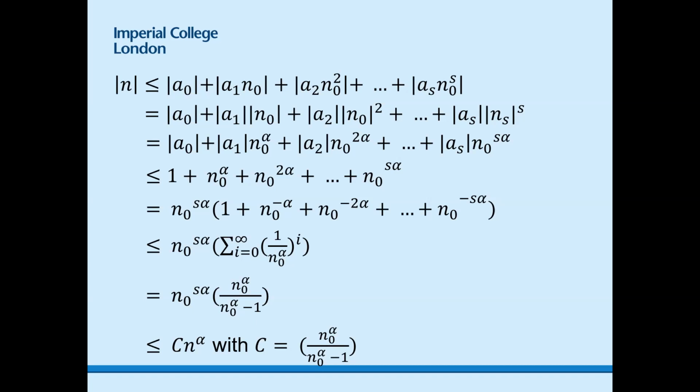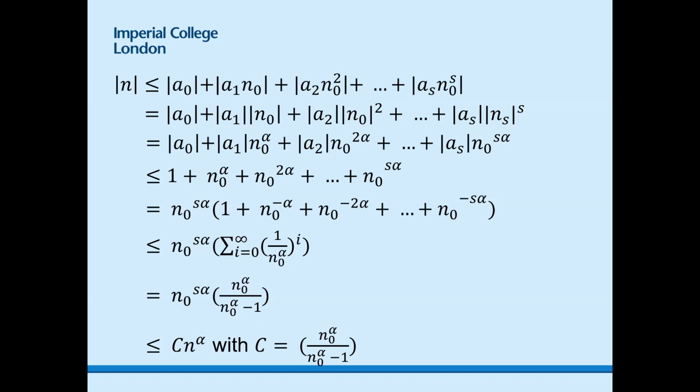Then we can factorize, take n naught to the power of s alpha, and think about what happens if s goes to infinity. It is actually a geometric series here. Then by using that result, we can say it is equal to n naught to the power alpha over n naught to the power alpha minus 1, which is a constant.